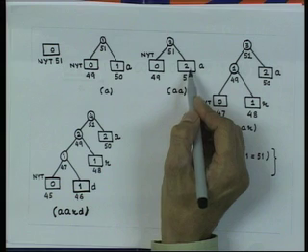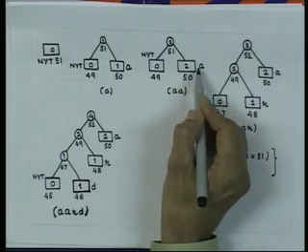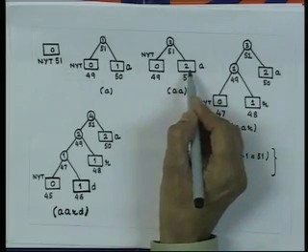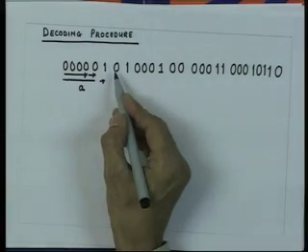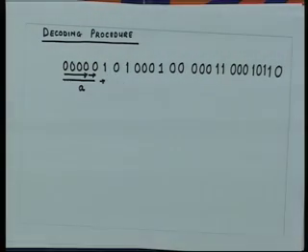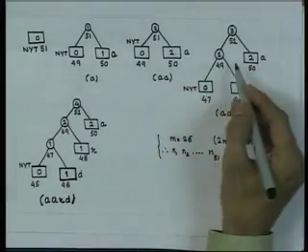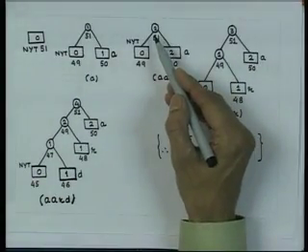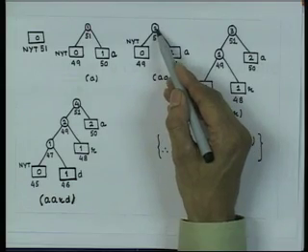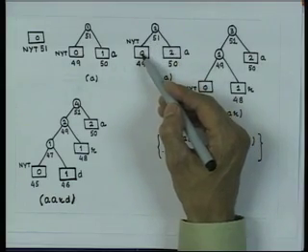In this case, the update consists only of incrementing the weight of the external node corresponding to A. The next bit is a 0, which traces a path from the root to the NYT node.